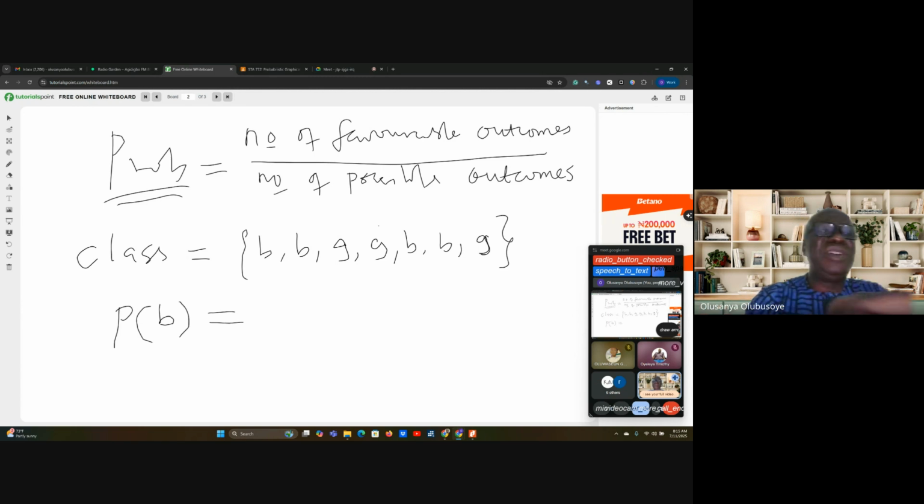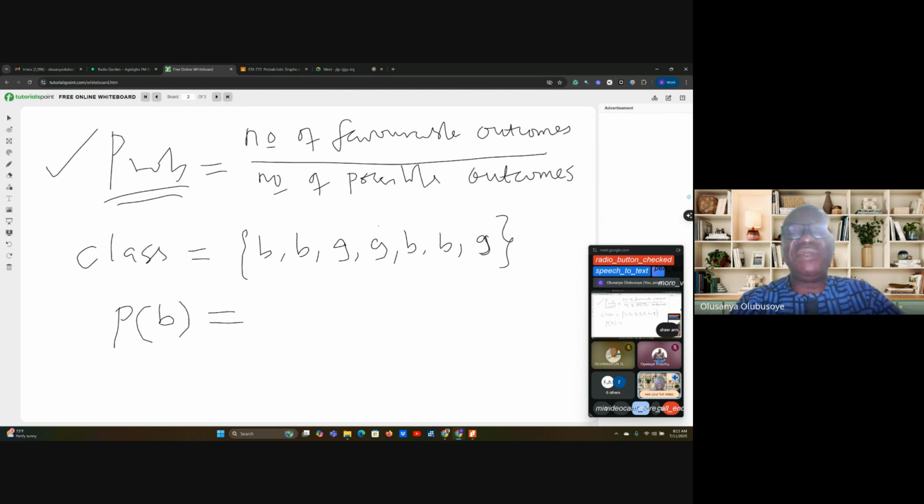So we simply use this definition and ask, how many students are boys? That represents the number of favorable outcomes.